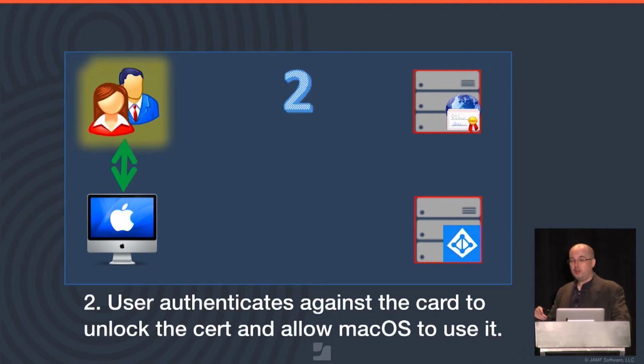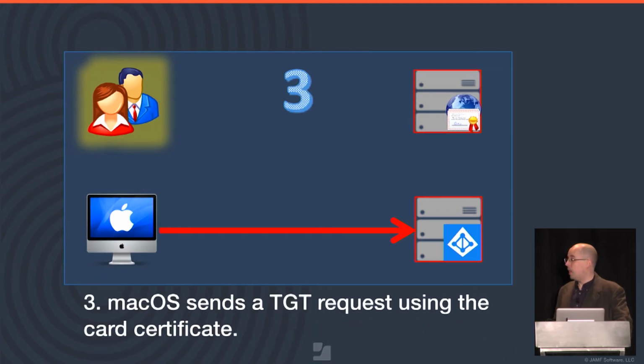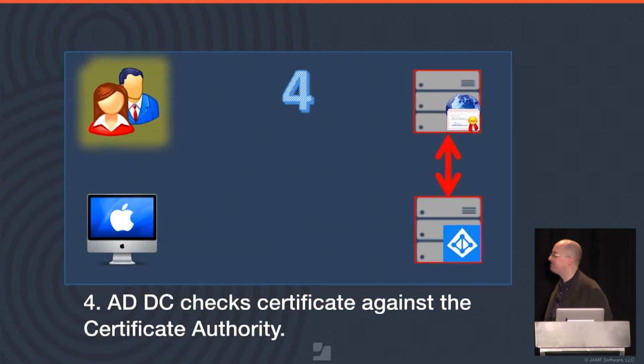By unlocking the card, it allows macOS to see the certificates on the card. macOS then takes that certificate and uses it to send a Kerberos ticket granting request off to the AD. The AD then checks that certificate against the certificate authority. The certificate authority is basically going to report that the certificate is valid, or it is invalid, or it is revoked.